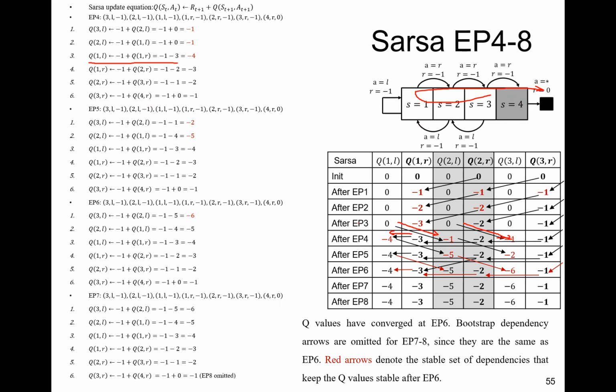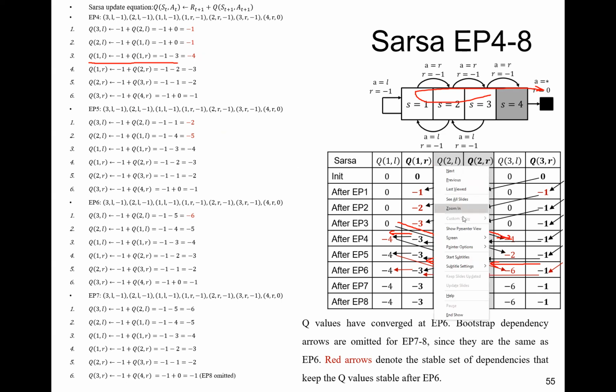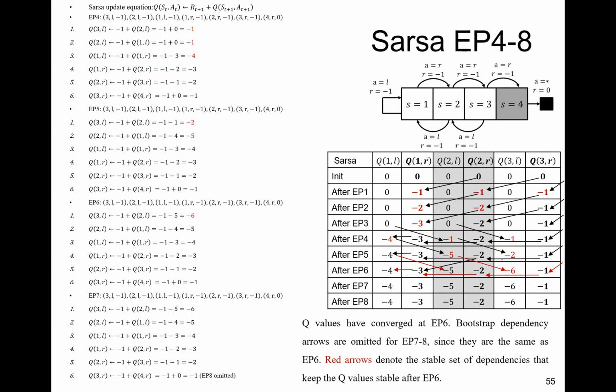Q1 right bootstraps off Q2 right. Q1 right, this is the -3. And Q2 right bootstraps off Q3 right. So episode 4, this is the sequence of updates we're discussing here.